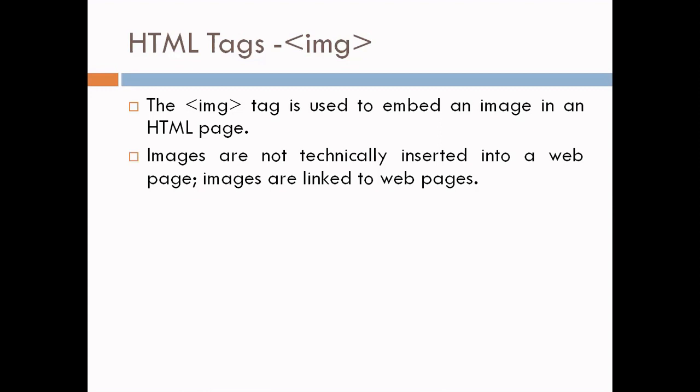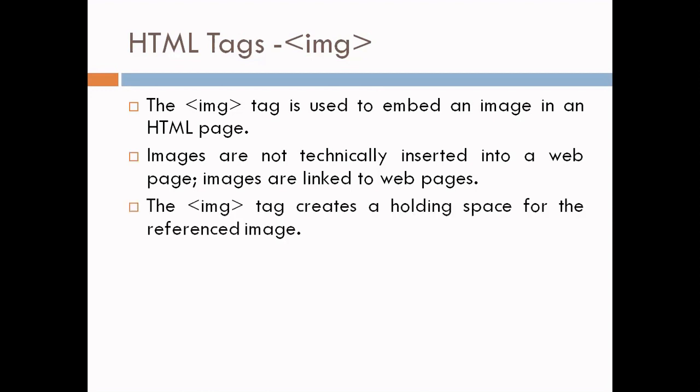Now, how can we link? An image can be linked to a web page with the help of a path, so it requires the path of a file. The IMG tag creates a holding space for the referenced image. It means whenever we use an IMG tag in our HTML page, at the same moment it will hold a space to display an image in our web page.